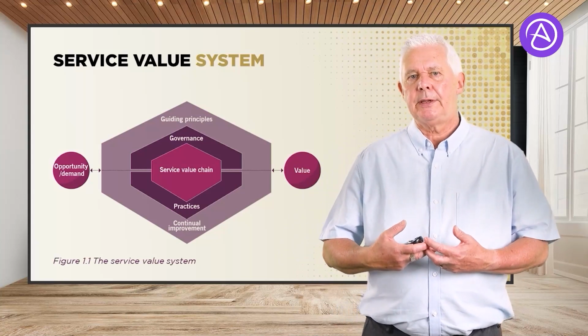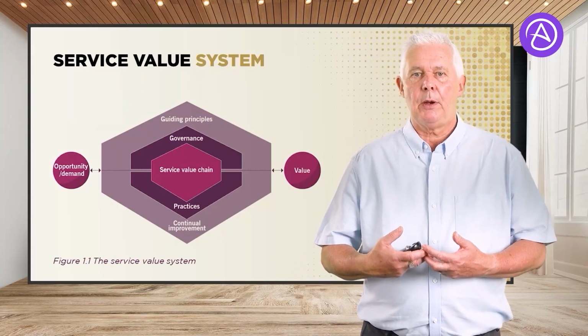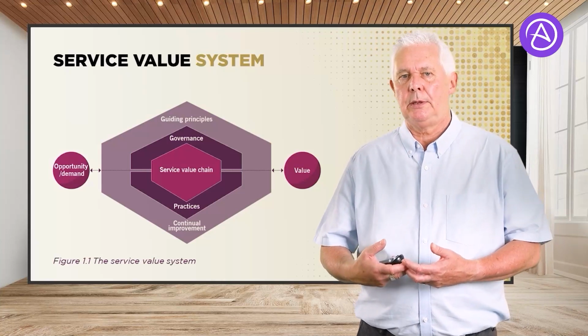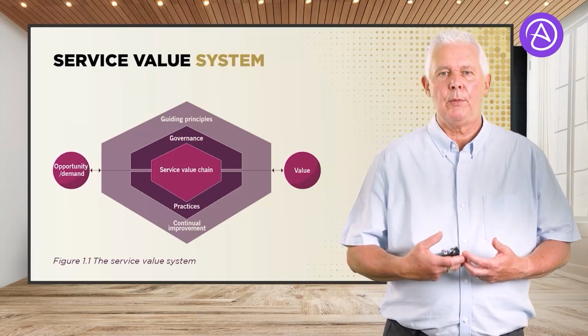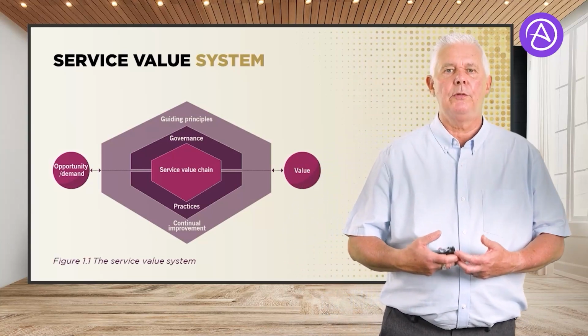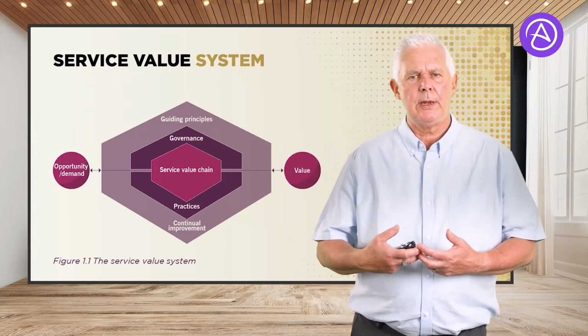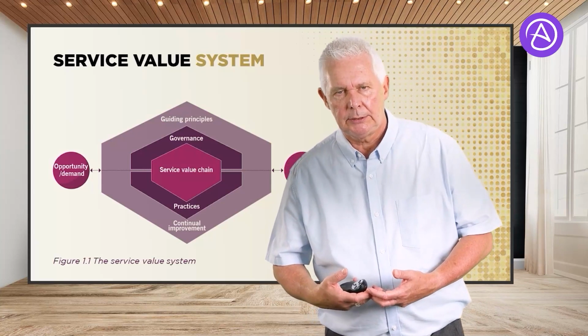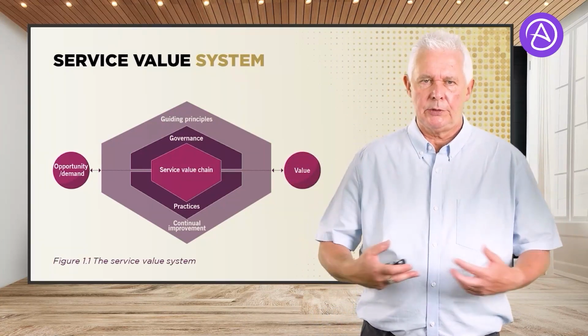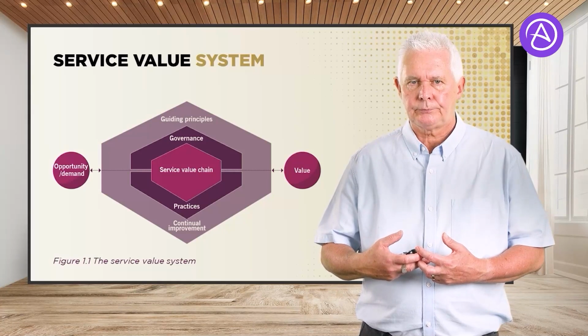Often that will manifest itself in things like policies and controls. Are we doing the things we should be doing? We need to evaluate that we're making the progress we should be making, and if not, change it. So governance is making sure that we're following the direction that's essential for the success of our service provider organisation.